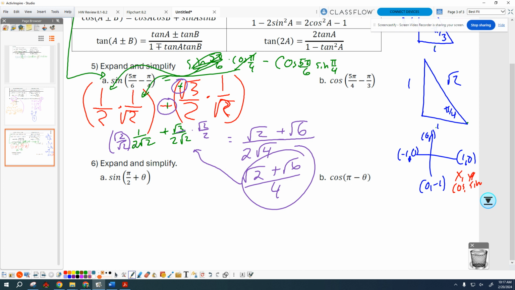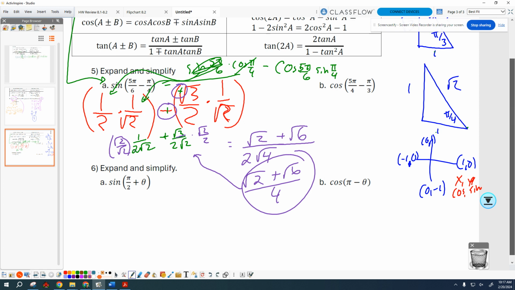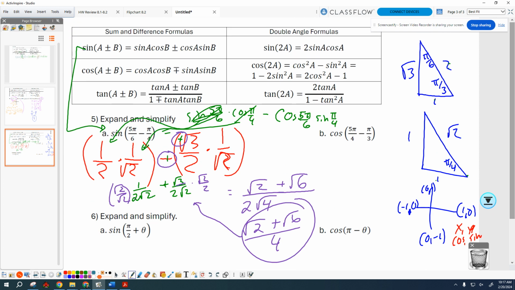With the pi over 4, how did you decide what quadrant you're going to make your triangle in? Because I know that 5 pi over 6 has to go in quadrant 2, but pi over 4 is just quadrant 1. I always draw them in this orientation for myself, and I just look at what angle I'm looking from.